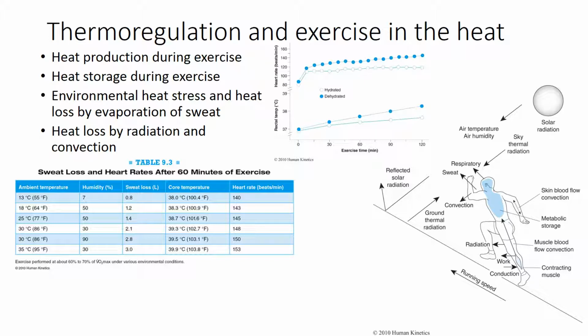Okay? 3 liters, meaning 1 liter of water is about the density of 1.0. So that's a kilogram of water per liter. So that's 3 kilograms of water, which means 6.6 pounds of water in an hour. Think that person's going to be at risk for dehydration?